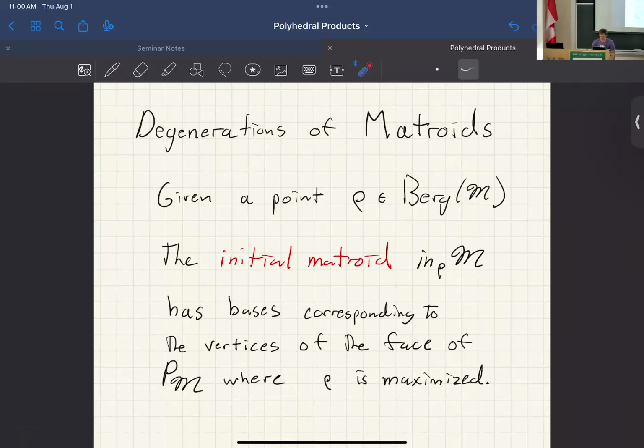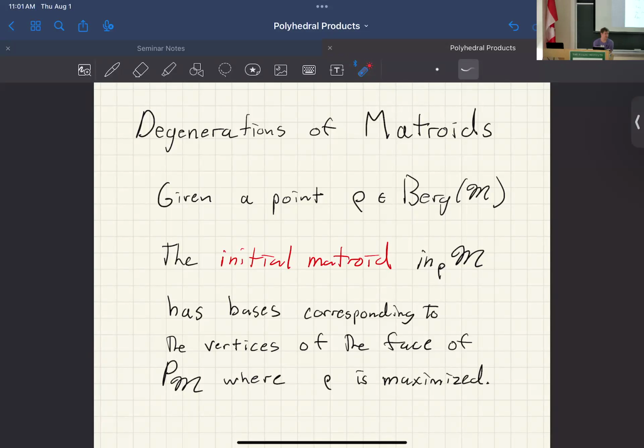So last, I want to tell you about degenerations of matroids. I don't think we've heard about this yet. So the idea is, here's how I think of the Bergman fan. It's a collection of directions where if you perturb the matroid in those directions, you get another decently related matroid to your original matroid. For any direction in the Bergman fan, you can form something called the initial matroid.